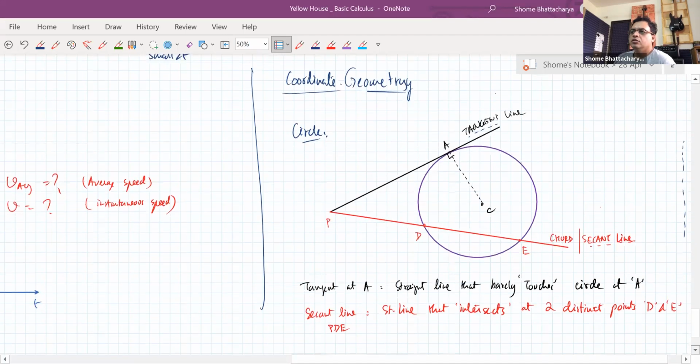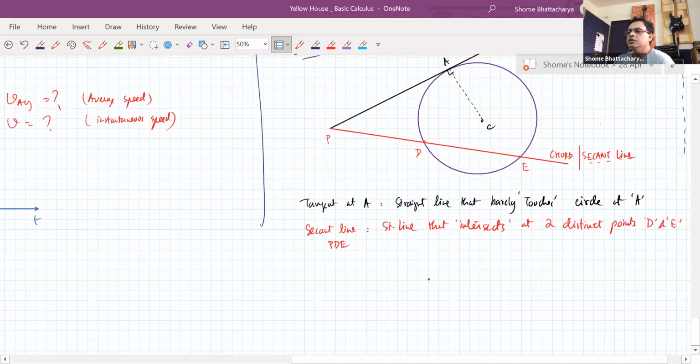So for example, if we are drawing any polygon, it can have any number of sides. It may be a regular polygon, it may not be a regular polygon also. Now, if I want to draw the tangent at this point, it's nothing but this side extended. This is the tangent at the point A. But if I want to draw the secant line between the points, let's say B and C, then that will be this line.